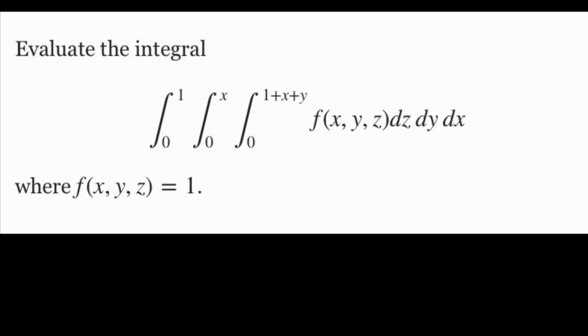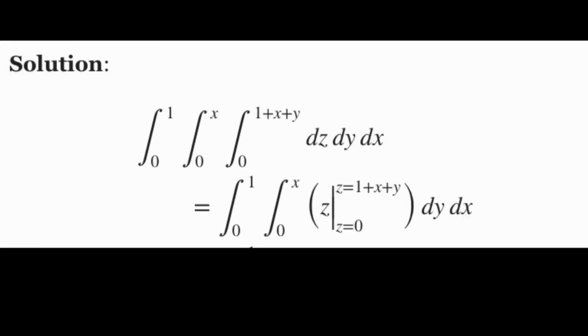The question asks to evaluate the integral from 0 to 1, 0 to x, 0 to 1 plus x plus y, of f(x,y,z) dz dy dx, where f(x,y,z) equals 1. The first step that we need to do is integrating the equation with respect to z.